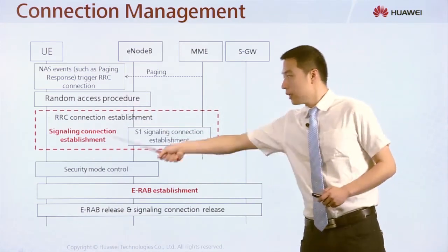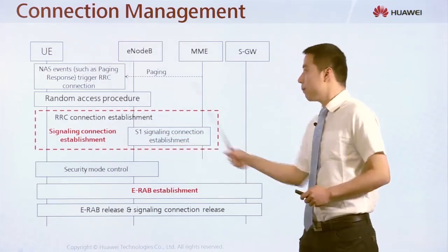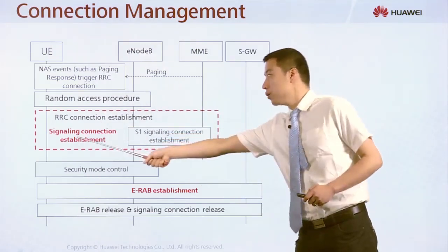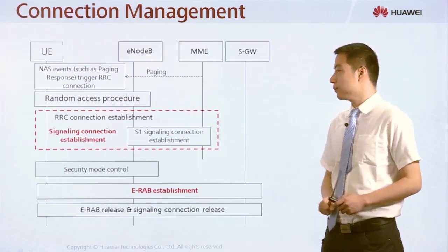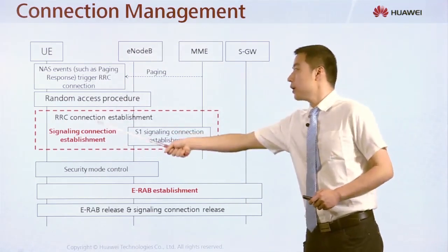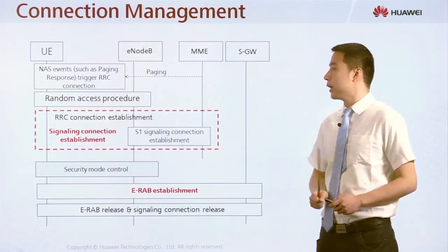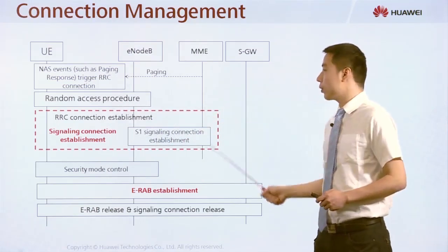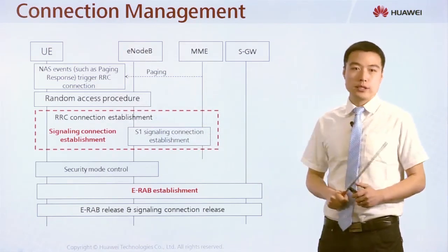Then, in total, they are bound together, and we have a connection from the UE to the MME. After the RRC connection plus the S1 connection is set up successfully, the UE and the core network can communicate with each other.